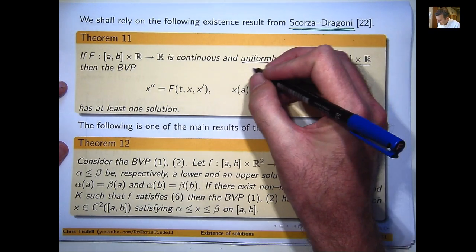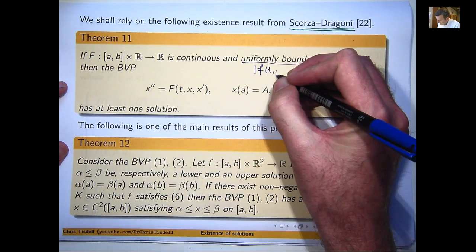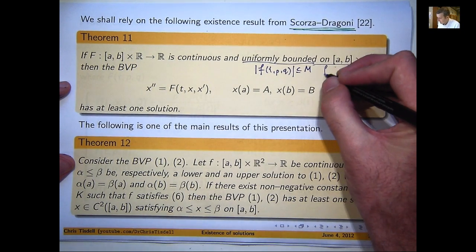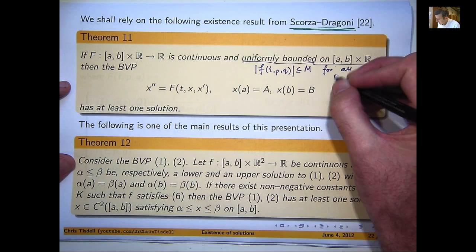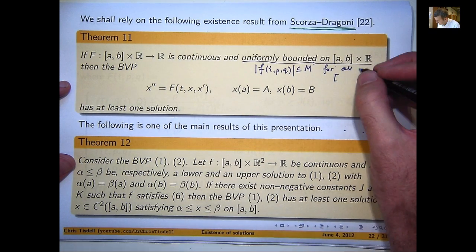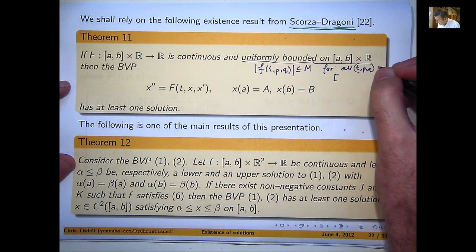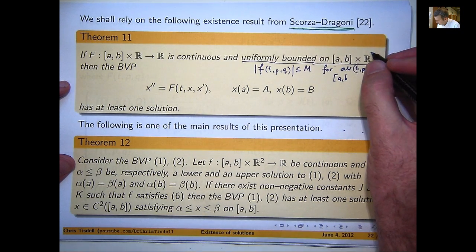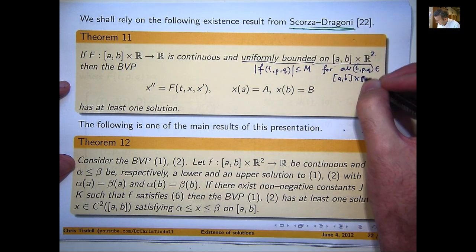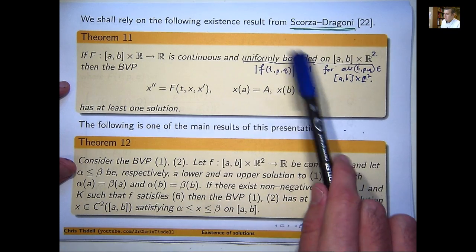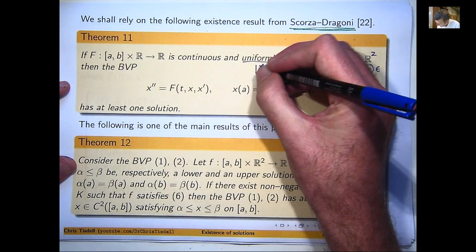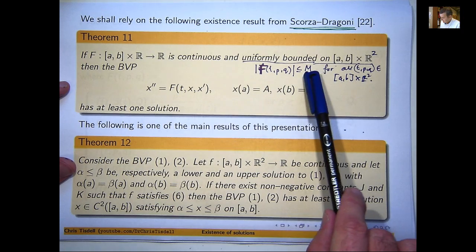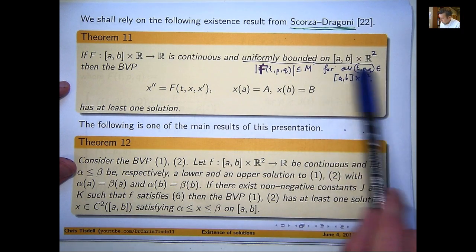I mean that there's a non-negative constant m, such that this constant bounds this on the whole of this set. Sorry, this should be r times r, so r squared here.